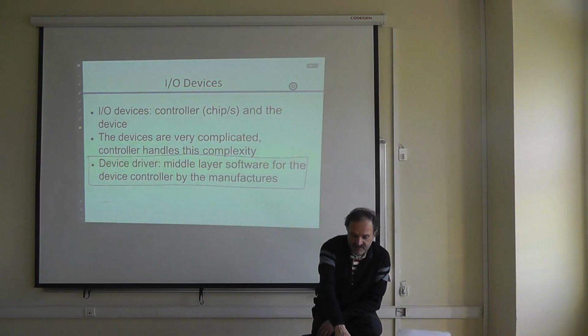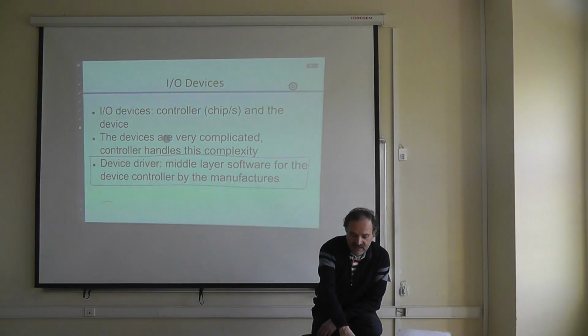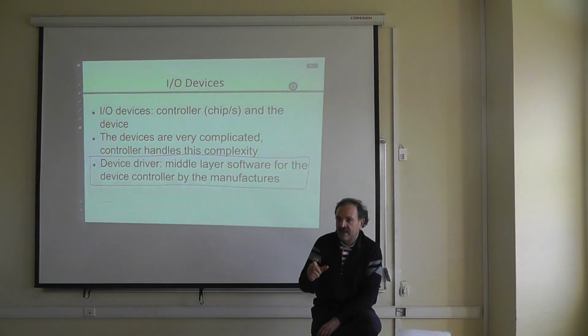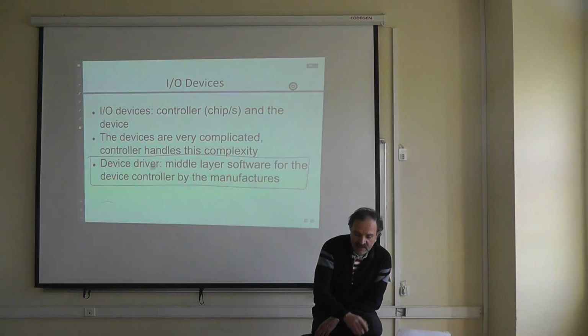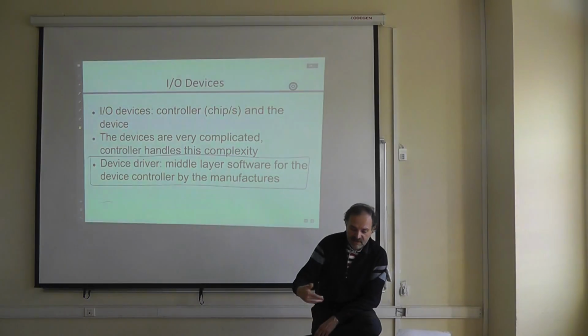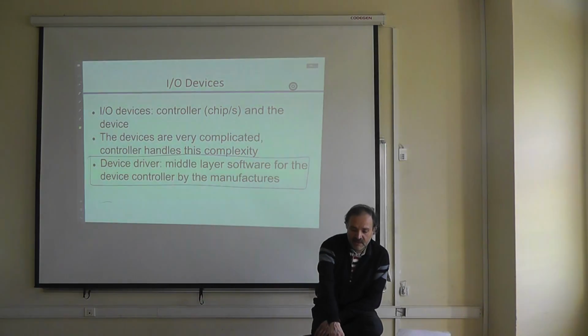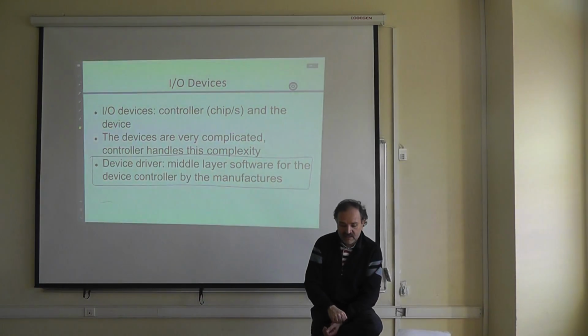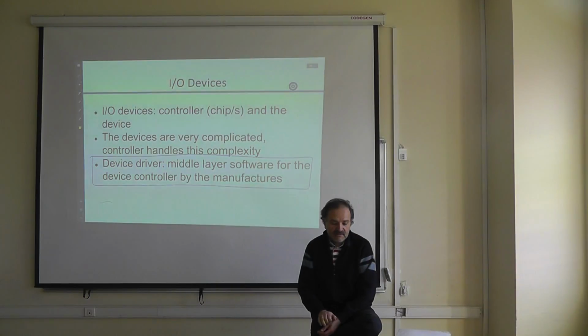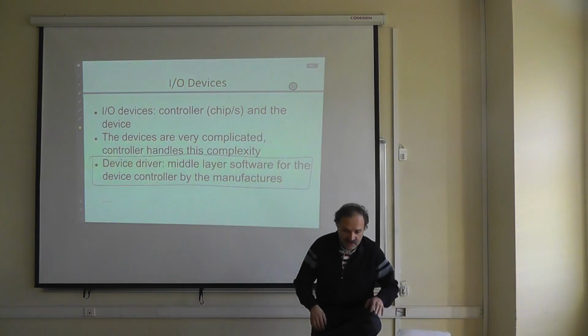For that interface, it gives you this device controller, which is an electronic device, and then it provides a device driver. The operating system communicates with the device driver to control the I/O device. That's the solution to make the handling of this complicated device easier for the operating system. So device driver becomes a part of the operating system actually.